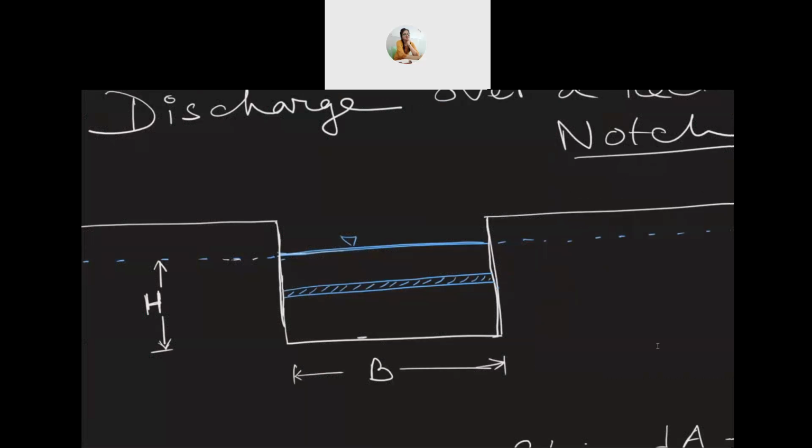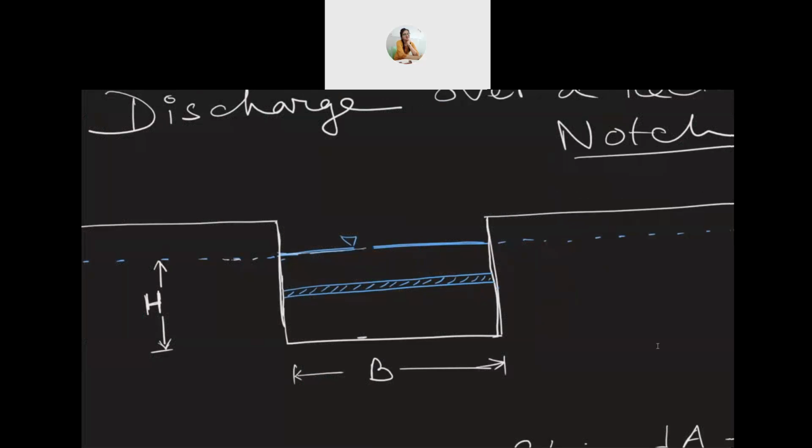It's a function of h only. So at this point, at this point, at this point, the velocity will be the same. And therefore, instead of taking an elementary area like this, we are taking a complete horizontal strip as an elementary area.